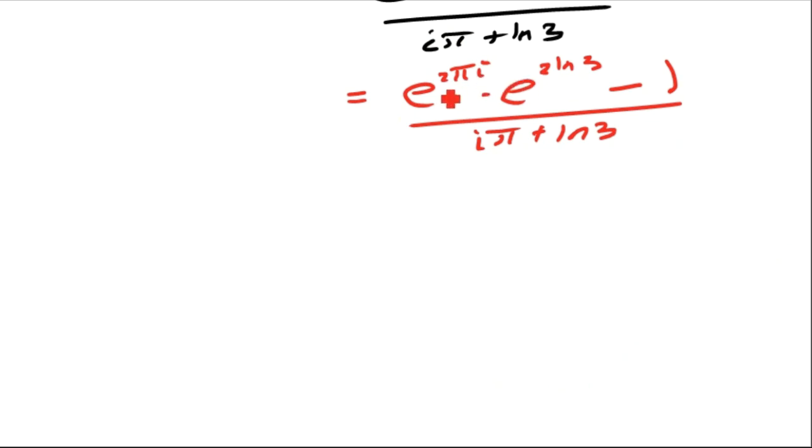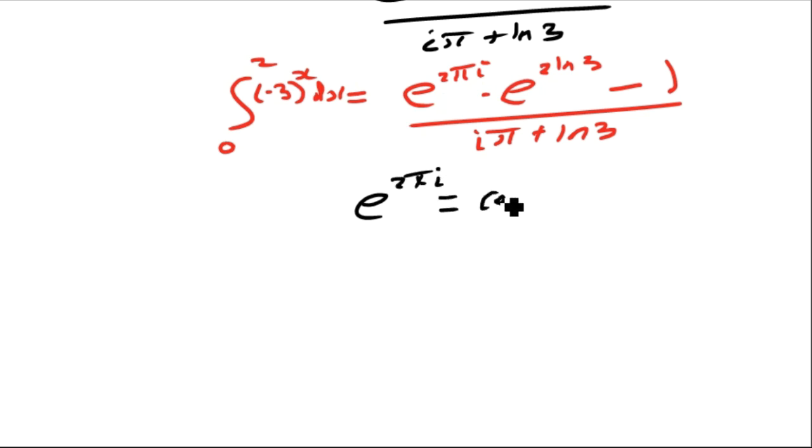Now, look at this first case here. We found, of course, this is the integral from 0 to 2 of negative 3 raised to power x dx. Now, if you have exponential 2 pi I, from Euler's equation, exponential 2 pi I will be cos 2 pi plus I sine 2 pi.